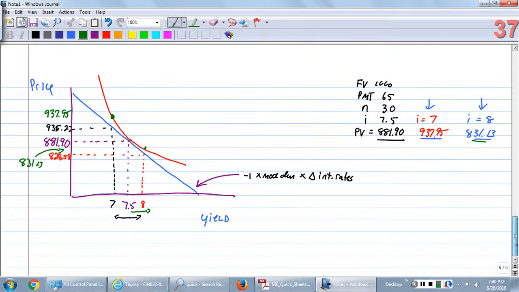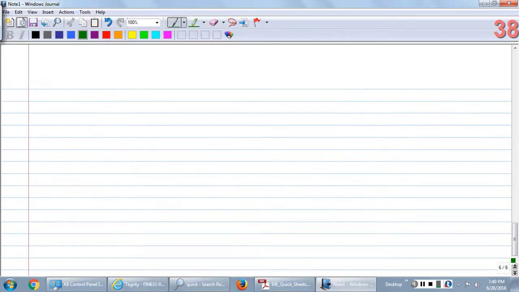So what are the variables that affect both duration and convexity? Well, here they are: yield to maturity, time to maturity, and coupon rate. Remember, those are the 3 variables that were in our formula for duration. So I'm going to write down the word duration here, and I'm also going to write down the word convexity next to it.